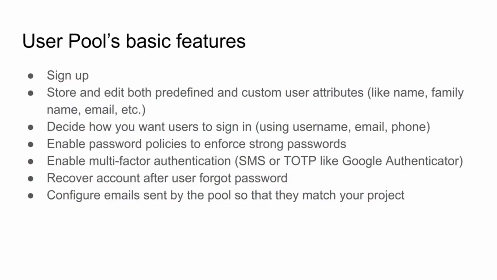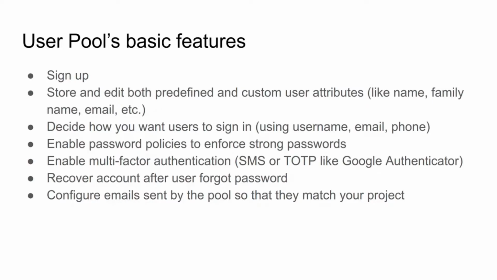We can enable password policies to enforce strong password. We can enable multi-factor authentication. Here we can either use SMS as a second factor and the so-called TOTP, time-based one-time password software token, like Google Authenticator. Users are also able to recover their accounts in case they forgot their passwords. This can be done using an email or a phone.